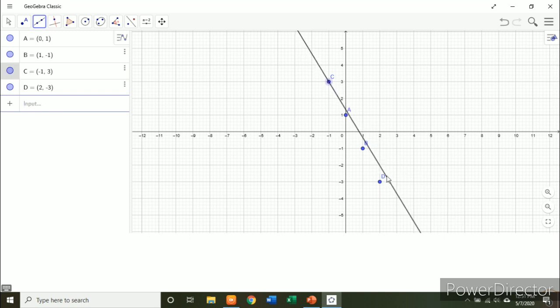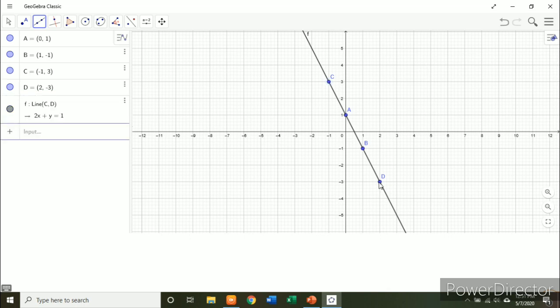So, this is the line which is passing through all 4 points. In this way, we draw a graph of a linear equation in 2 variables.